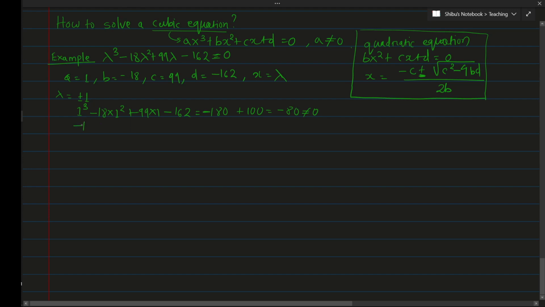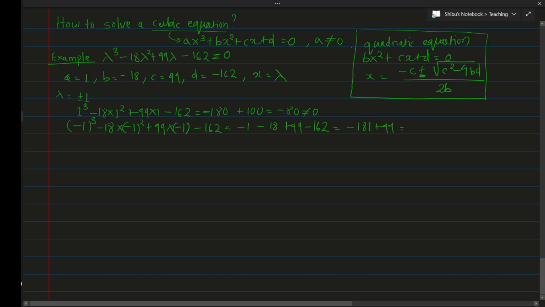Then check -1. So (-1)³ - 18(-1)² + 99(-1) - 162. So this will become -1 - 18 + 99 - 162. So this will become -181 plus 99.